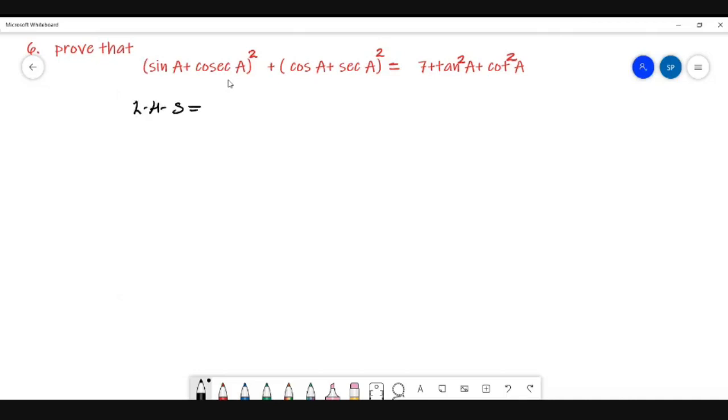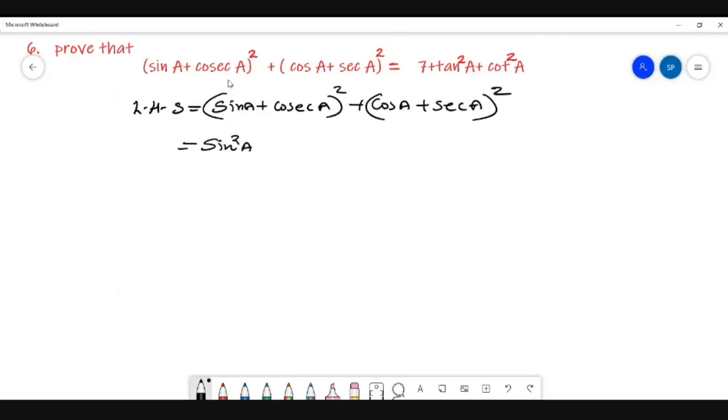So let us expand it by using (A plus B) the whole square. Left hand side equal to A plus B whole square is A square plus 2AB plus B square.